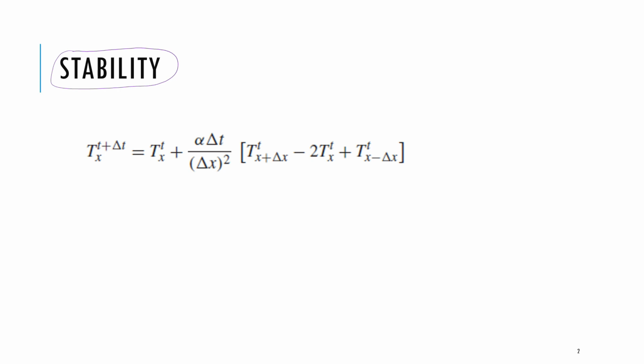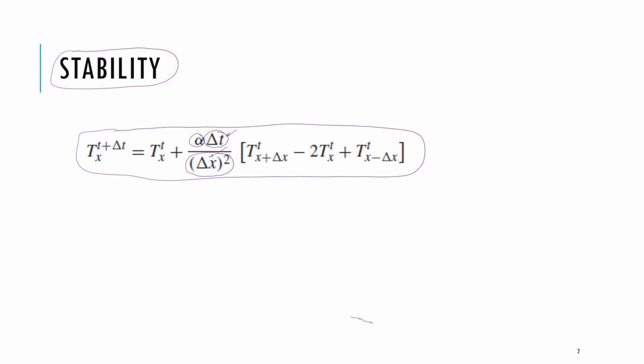Now the finite difference equation that we derived, that's this one, gives you the impression that it should work for any value of these parameters. We just choose them and we make sure we plug them in correctly, and then it should work.